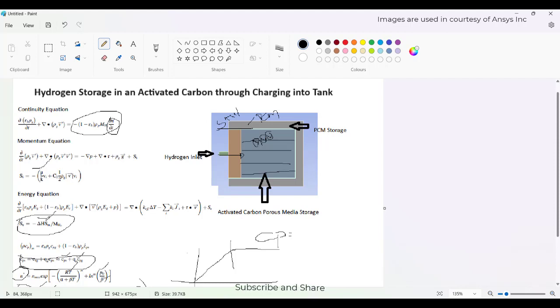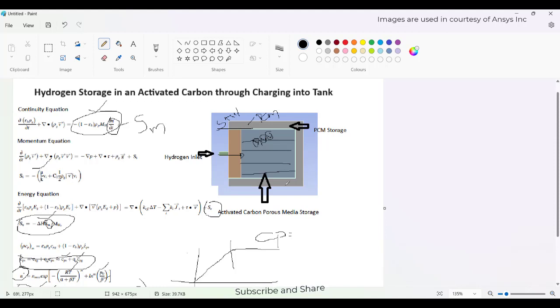Sm is nothing but the mass of the hydrogen that is being deposited onto the carbon, that is this one. So this entire term is Sm. So that Sm is being used in the energy equation to find the source term, that is the heat generated due to the adsorption of hydrogen onto the carbon. Okay, so that source term has been added here in the energy equation of the hydrogen.